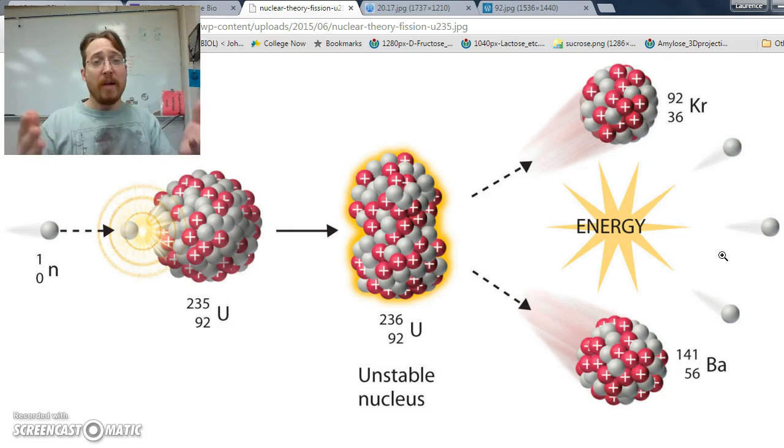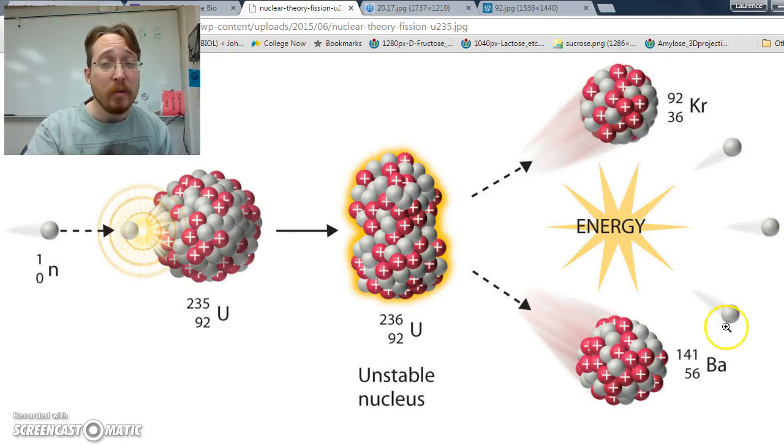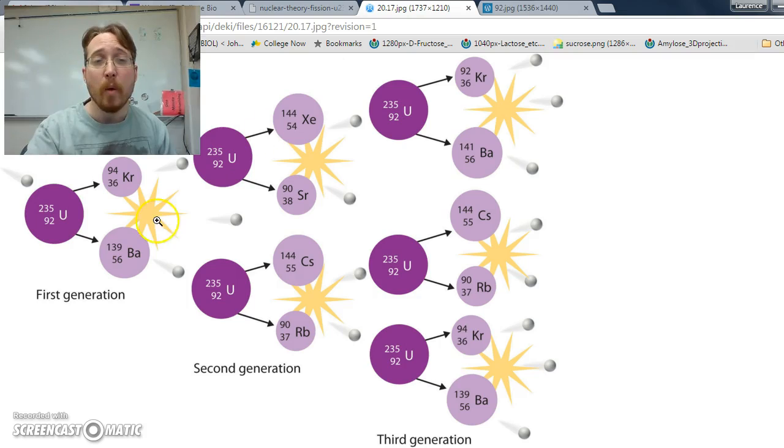So there you have it. That's fission. Well, not quite. There's a little more to the story. Because these neutrons, if they hit another unstable element, well, it can happen again. So now we've got these neutrons hitting other uranium atoms.